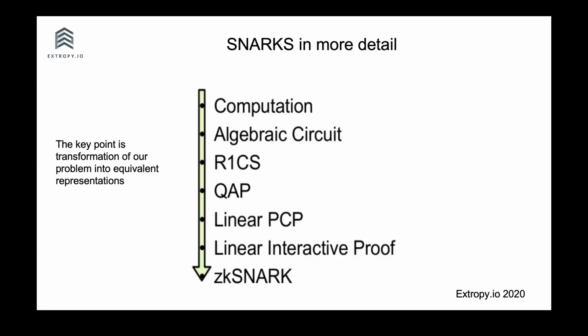But when we get to something more complex and we're talking about some general computation, I hope to give you a little insight into how that can be turned into a zero knowledge proof and into something useful that can be computed and that you can use on the blockchain and in your projects.